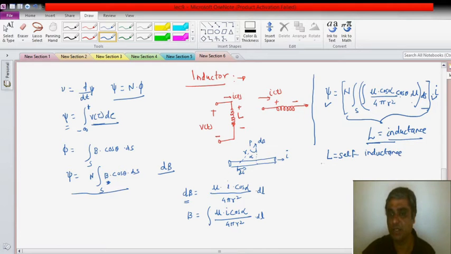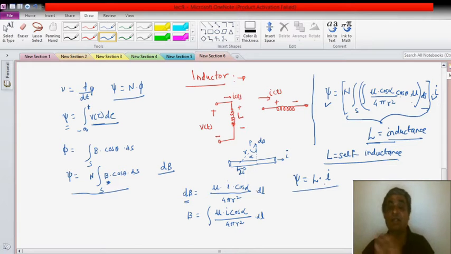This is actually the definition of self inductance. So flux linkage will be equal to self inductance multiplied with current. And if I would like to define mutual inductance, what it will be: if the current I1 produces some flux linkage in another circuit, then that flux linkage can be expressed in the form of mutual inductance, right?